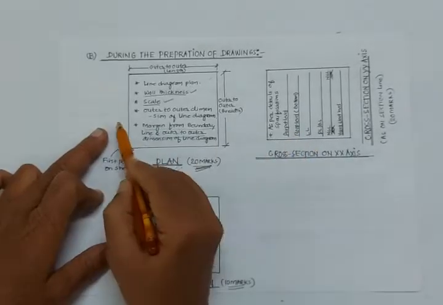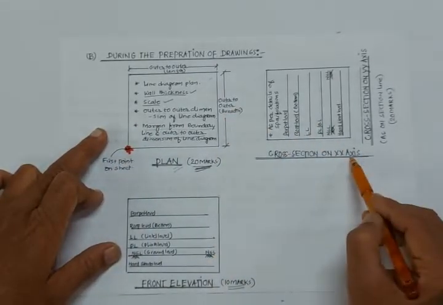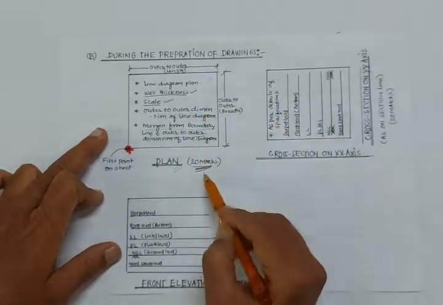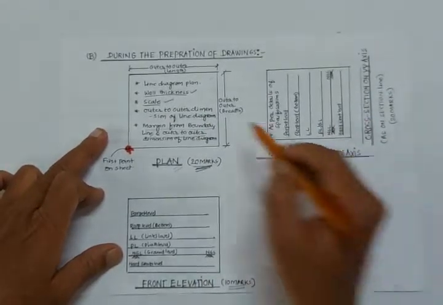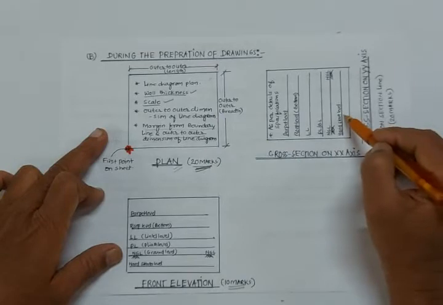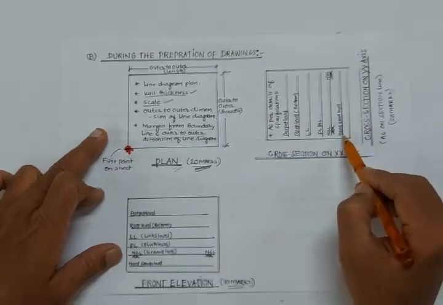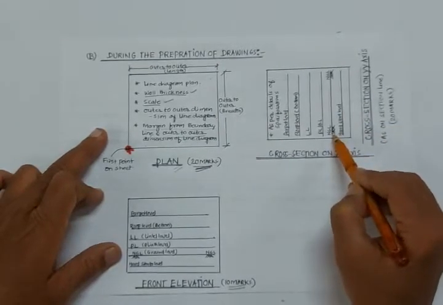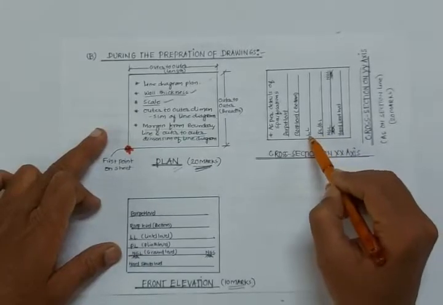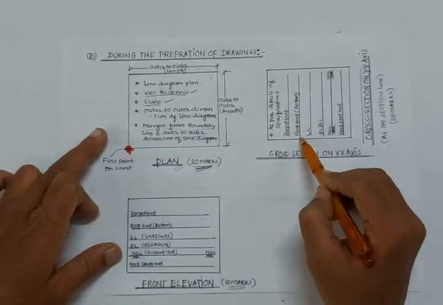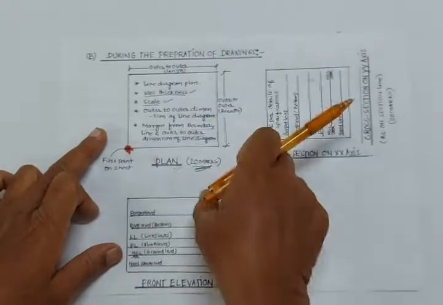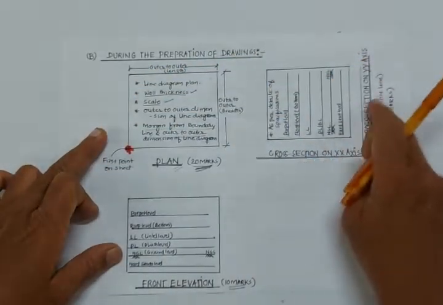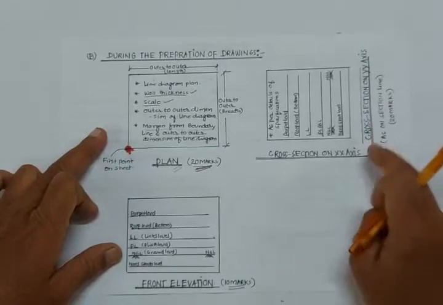Here it is parallel to the x axis. Suppose it is parallel to the y axis, you have to consider it in this direction, and here the hard stratum level, natural ground level, plinth level, lintel level, roof level and parapet level. Like this, parallel to the line along the y axis or along the x axis, you have to draw the cross section in both directions.